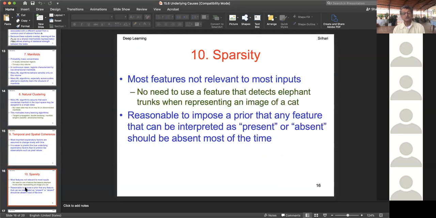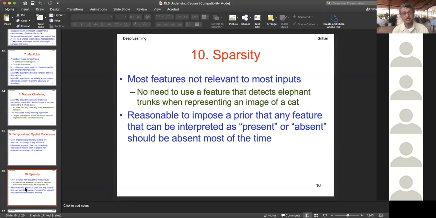Another clue to causality is sparsity. Most features are not relevant to most inputs, and there is no need to use a feature that detects elephant trunks when representing an image of a cat, right? So there might be all kinds of feature extractors you might have. And if we have 1,000 classes, as one of those competitions has, there might be elephants and cats and so on.